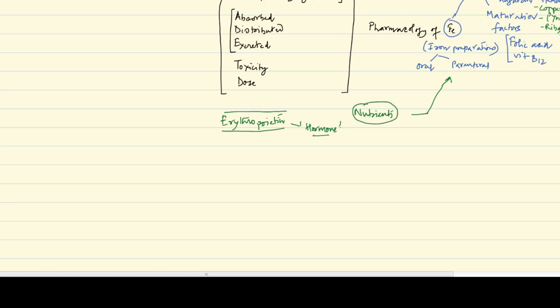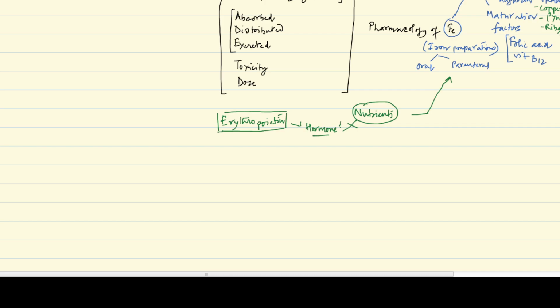But erythropoietin happens to be a hormone which is not a nutrient. Okay? Therefore, strictly speaking, erythropoietin doesn't come within the classification of hematinics, the classical understanding of what hematinics are. Okay?